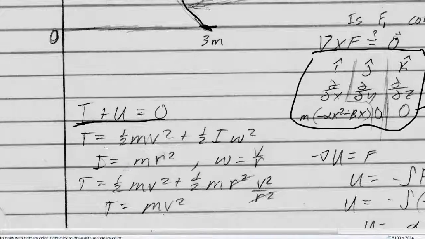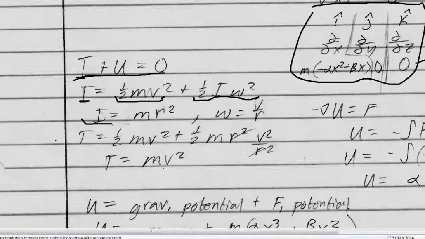Then we need to find the kinetic energy of the tire, and we include the normal 1/2 mv squared for typical kinetic energy, but there's also rotational energy, so we have to include the 1/2 I omega squared.